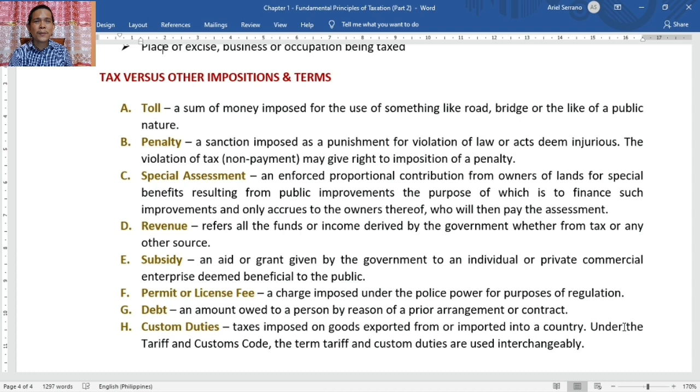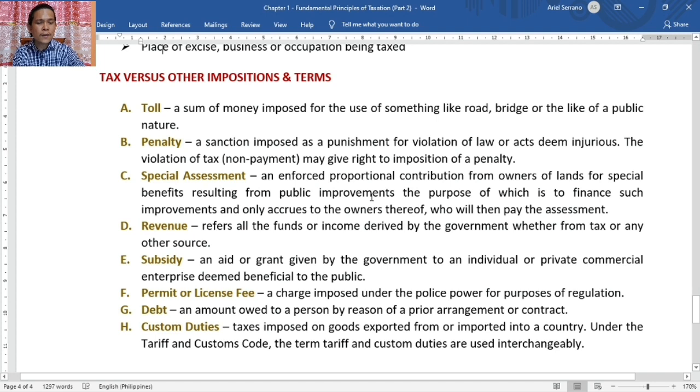Pag special assessment naman, at nandito na tayo sa letter C, ang special assessment, that is an enforced proportional contribution. Ang kinaibahan nito sa buwis kasi yung special assessment ay applicable lamang sa lupa from owners of lands for special benefit resulting from public improvements. Okay?